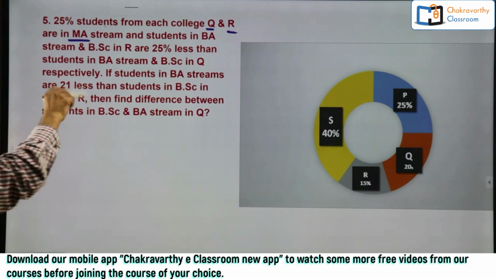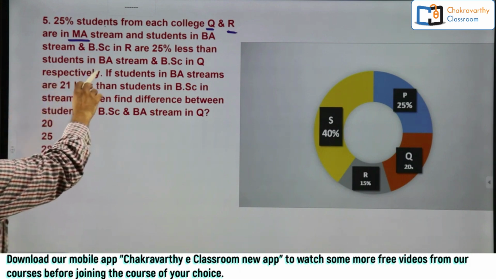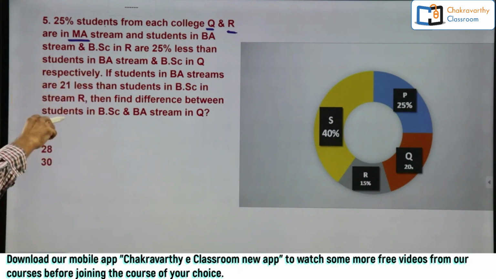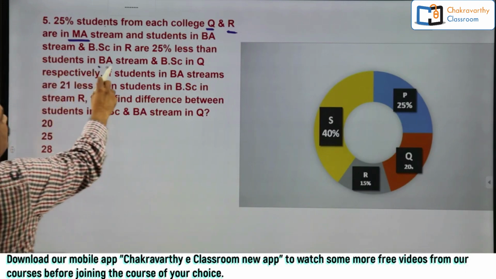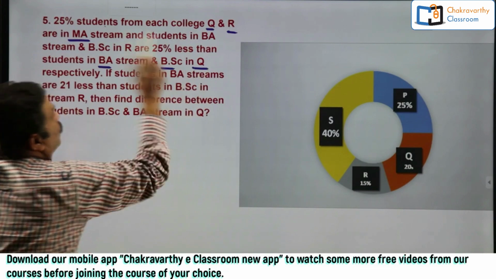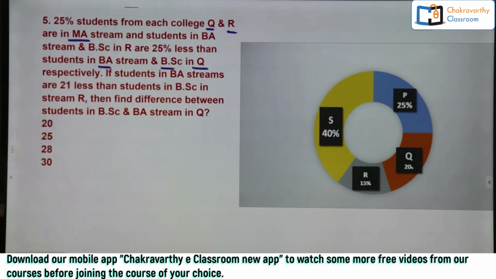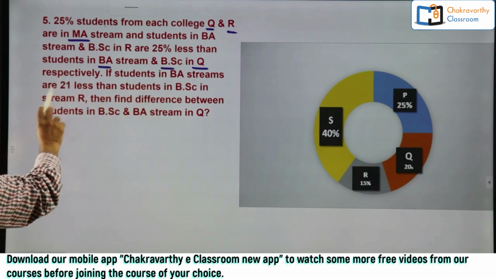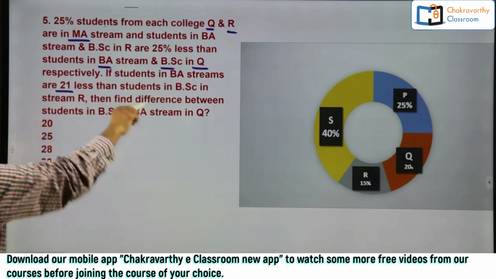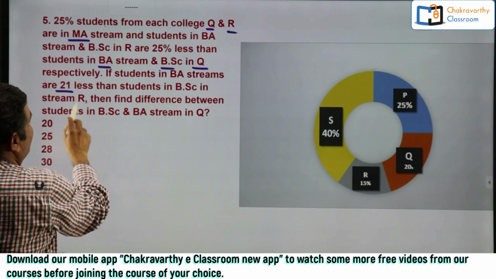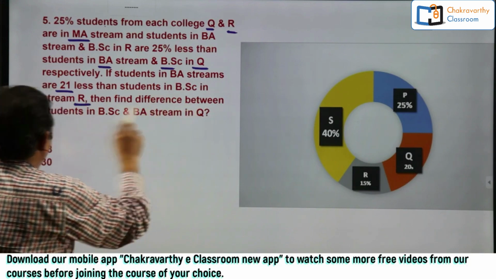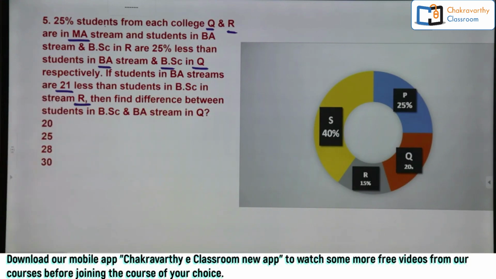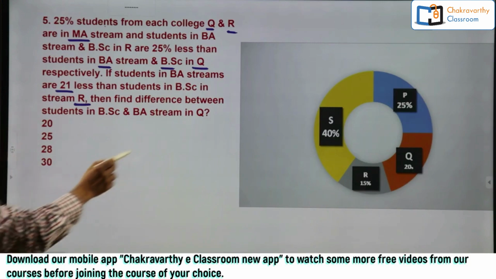And students in BA stream and BSc stream in R are 25% less than the students in BA stream and BSc stream in Q. One more piece of information: if students in BA stream are 21 less than the students in BSc stream in R, then find the difference between students in BSc and BA stream in Q.